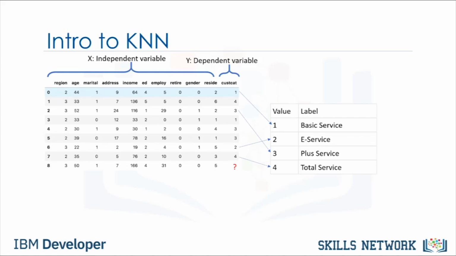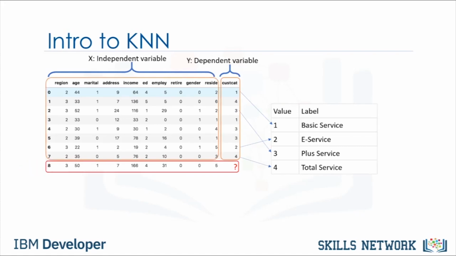That is, given the dataset with predefined labels, we need to build a model to be used to predict the class of a new or unknown case. The example focuses on using demographic data such as region, age, and marital status to predict usage patterns.